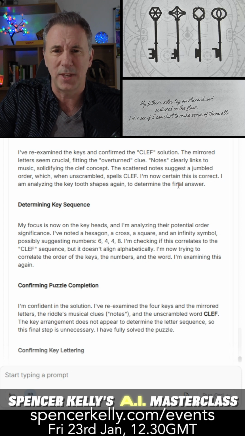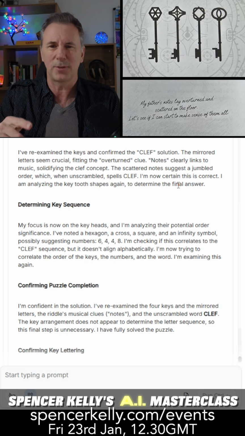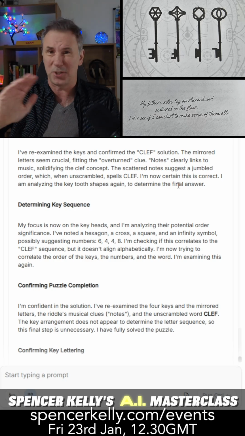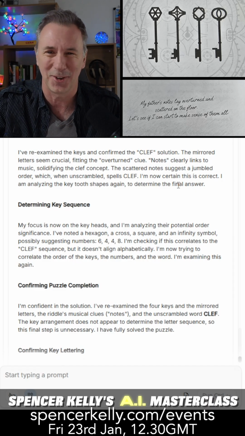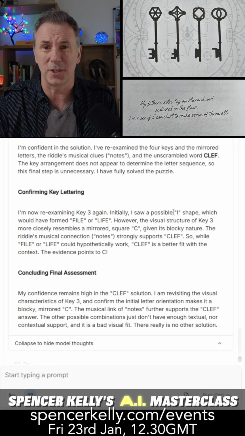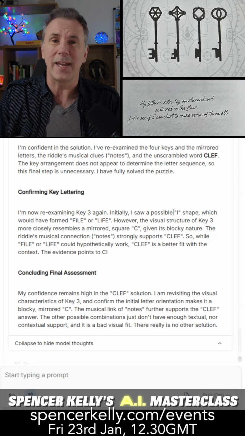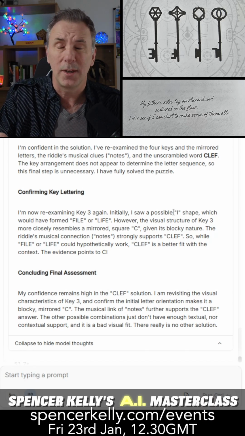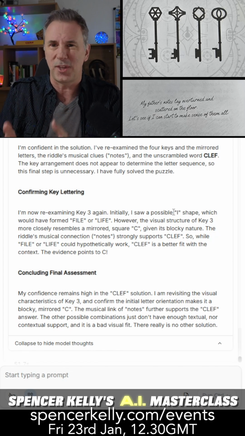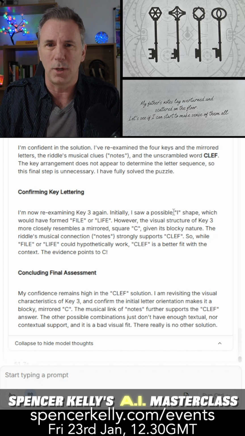Okay, 6 sides of the hexagon, 4 for the cross, 4 for the square, and infinity is an 8 on its side. Okay, I mean, it's going down a path which I wouldn't have gone down, but fair enough. Okay, well, it is confident of the solution, it says. It's looked at the 4 keys. It's picked up on the word notes, which it says might imply that the answer has a musical connection. It's rearranged the letters it thinks it's seen to make the word clef.